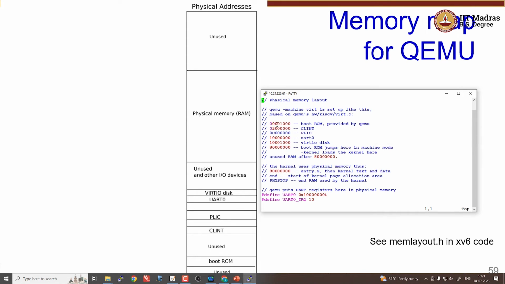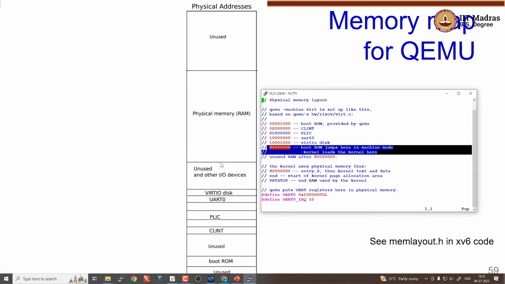At the location 0x1000 is where you have the boot ROM, which is provided by QEMU. This is an internal address by QEMU, which simply jumps to this location, 80 million. And as we've seen before, at 80 million is where your kernel is present, where your physical RAM is present.